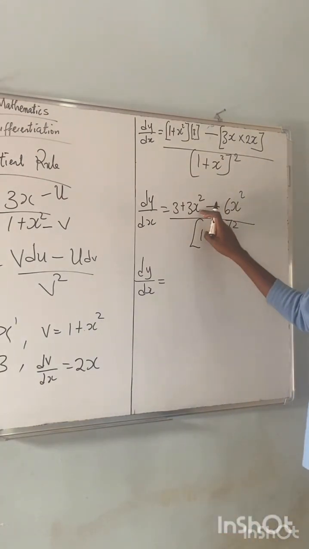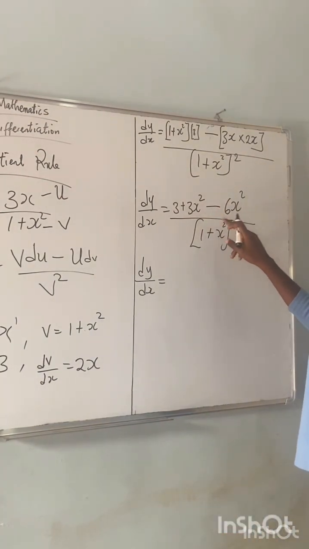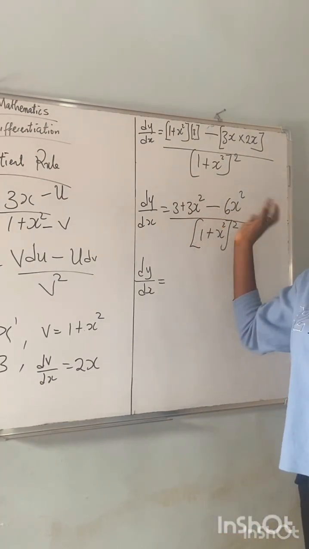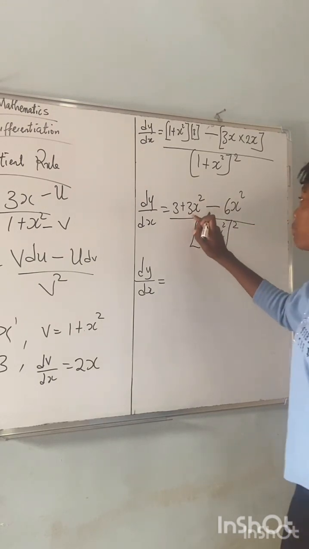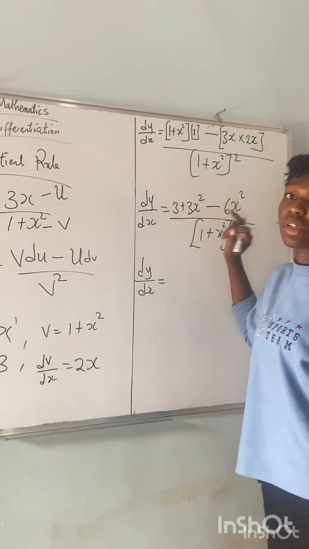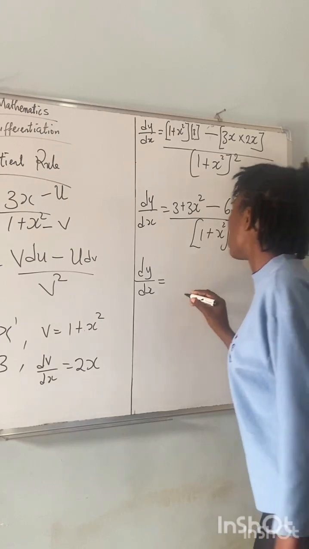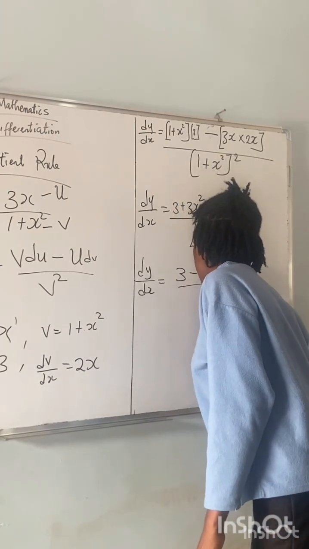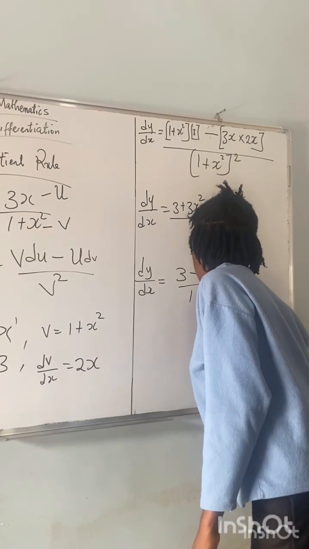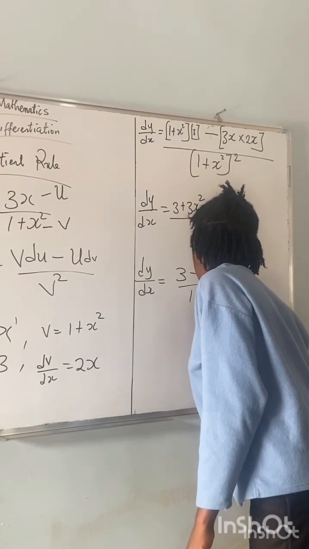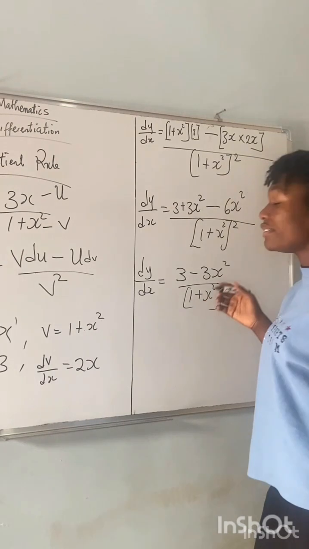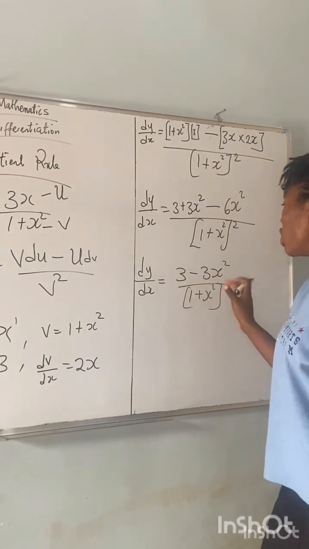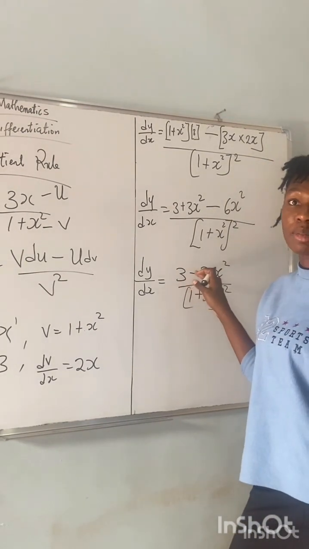Now, our next step: look at our like terms. Since they're already close, we just work on them. We have plus 3x squared minus 6x squared, so we'll have 3 minus 3x squared over 1 plus x squared all squared. We can leave this as it is, or factor out 3 from our numerator.